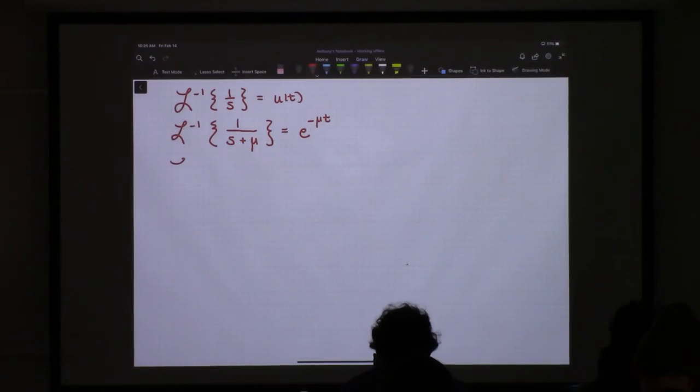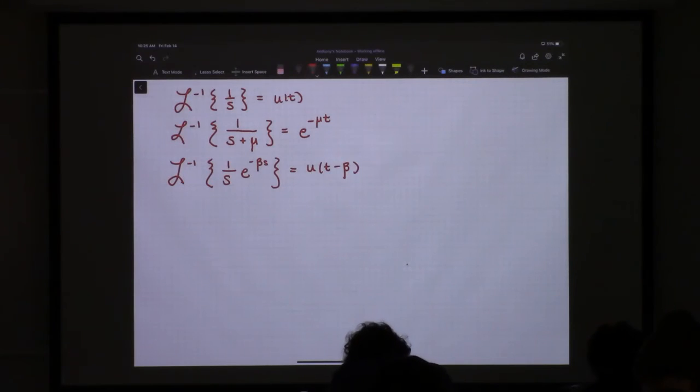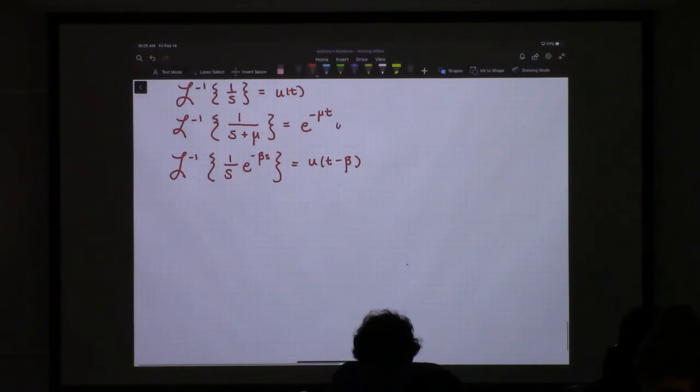So now what's inverse Laplace transform of 1 over s e to the negative beta s? That's equal to u of t minus beta. All right? And technically, actually, the definition of the Laplace transform, everything has a u of t that is multiplied by. That's just the definition.